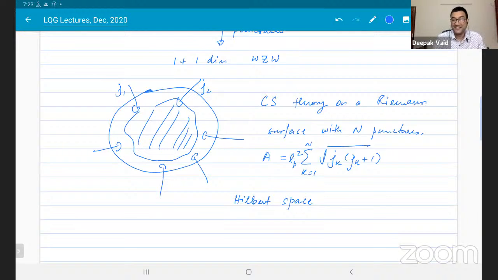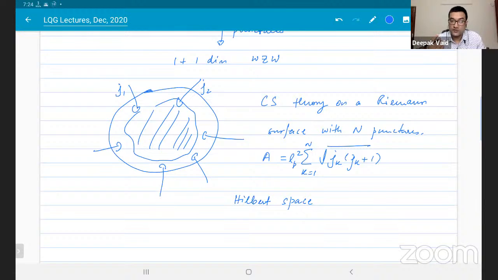Right. Haridas sir is asking this question, and it's a very nice question. It's that, are these punctures to be understood as physical punctures on the isolated horizon, right? And yeah, I believe they are. I believe that is how one should understand them.